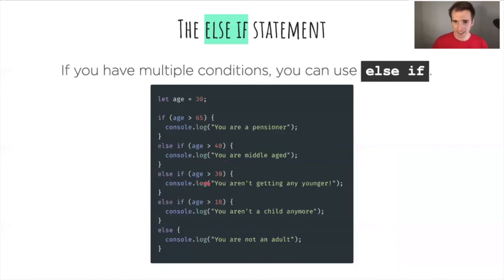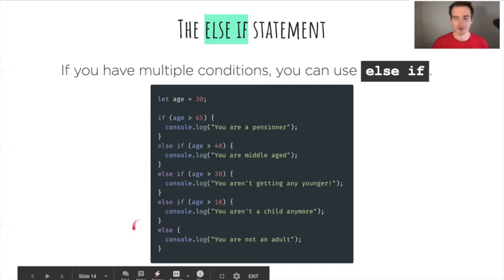Are you over 30? In this case, we get this one. And then we're also checking, okay, are you older than 18? So that's between 19 and 30, essentially. And then we have our else condition as usual, which covers the case essentially if somebody is 18 or younger, where we're saying, okay, you're not an adult.